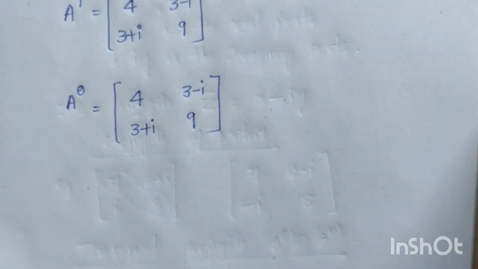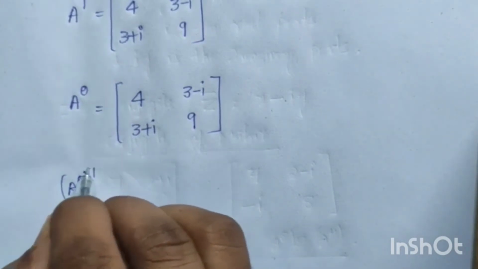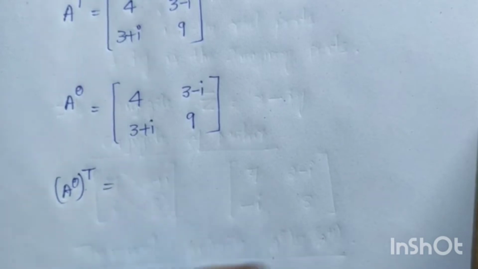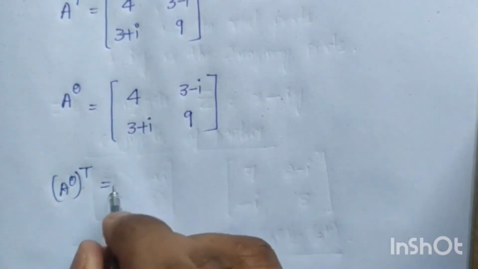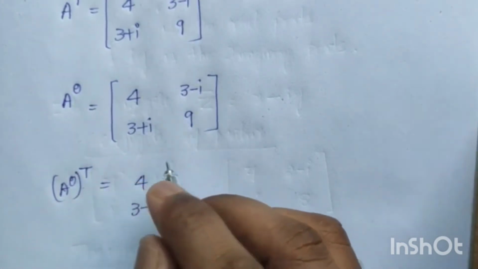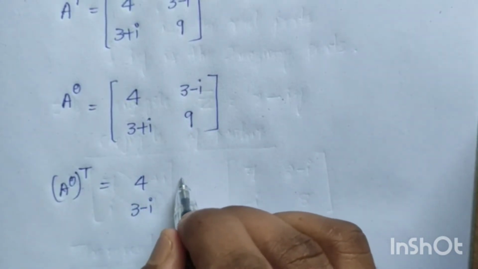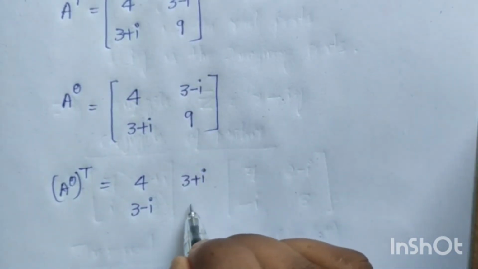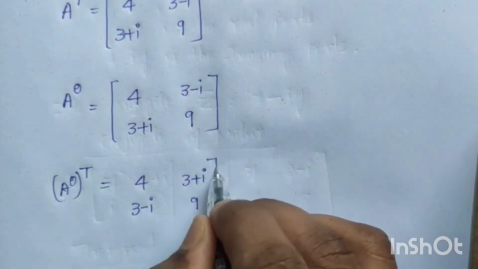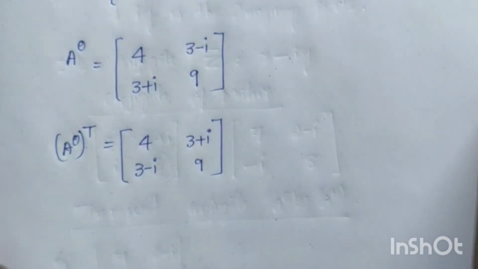Next, A conjugate whole transpose equals: first row becomes first column, 4, 3 minus i; second row becomes second column, 3 plus i, 9. It is A conjugate whole transpose.